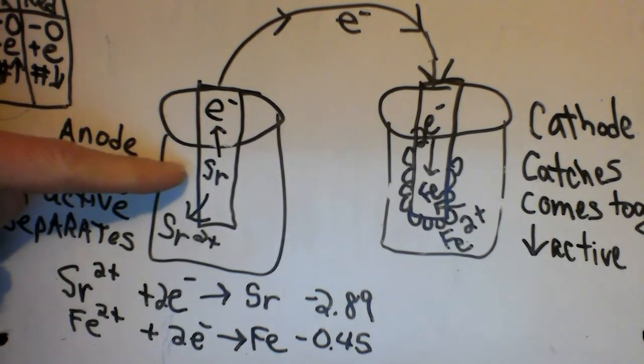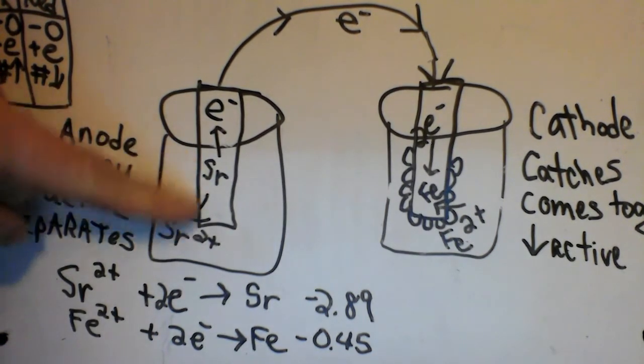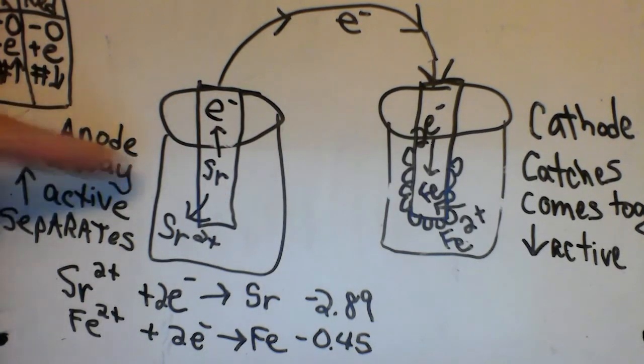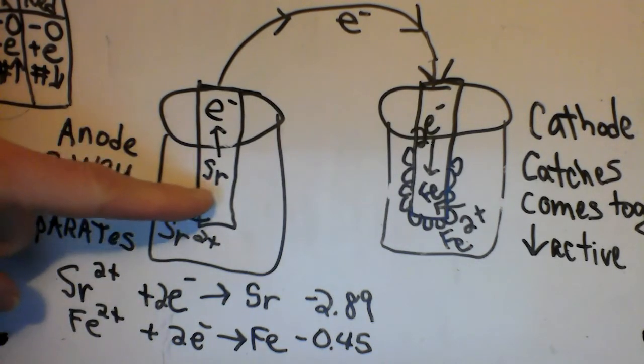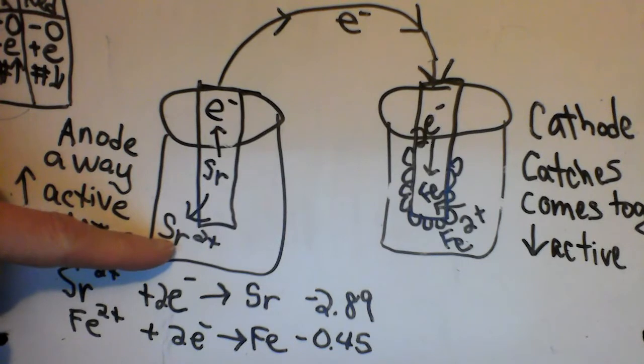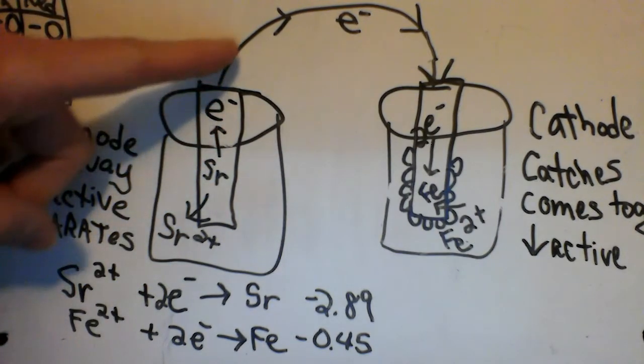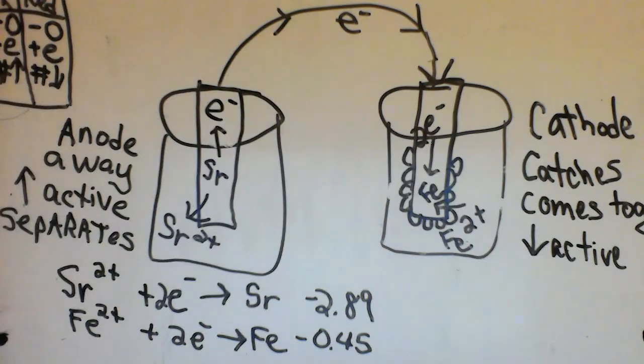So you'll notice in this beaker, I've drawn strontium as the metal that this electrode is composed of. And I'm showing that the ions separate. So the strontium cation, Sr2+, falls into solution, and the strontium electrons go up through the wire toward the iron.